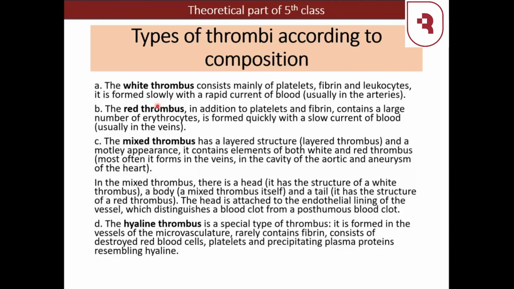There are some different types of thrombi. You should know four of them: white, red, mixed, and hyaline thrombus. White thrombus consists mostly of platelets and fibrin.